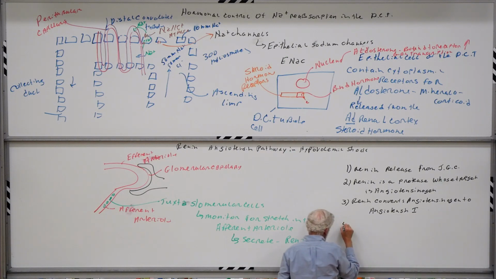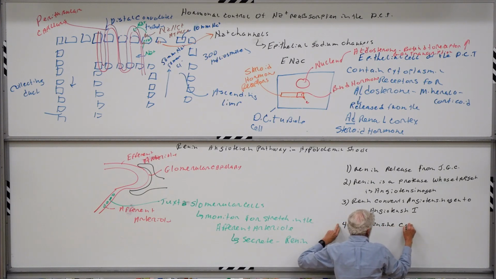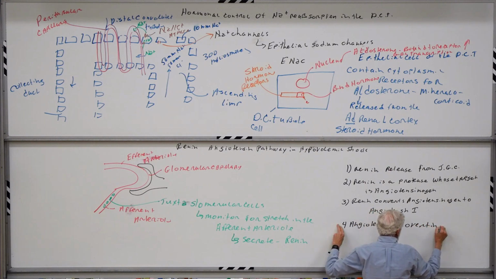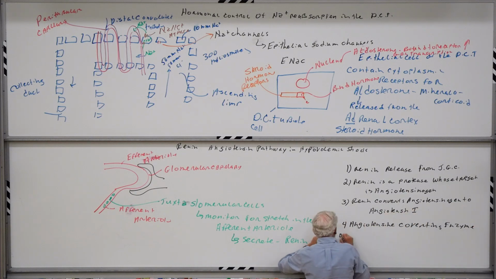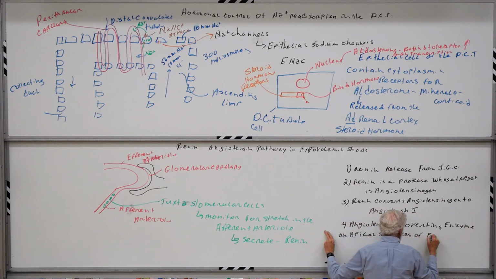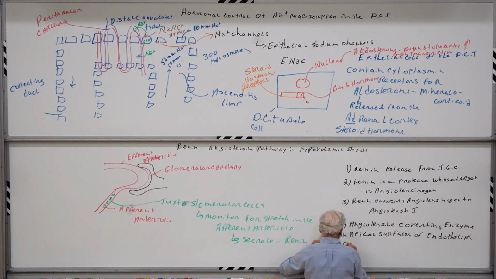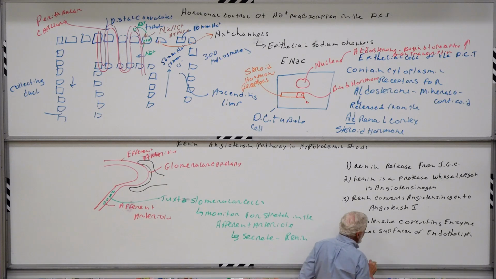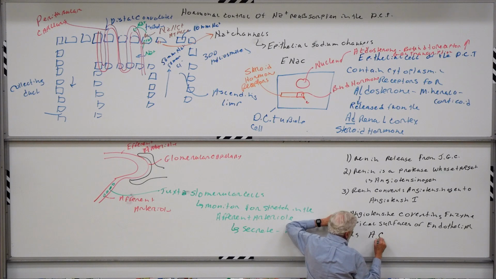Then there's an enzyme called angiotensin converting enzyme on apical surfaces of endothelial cells. We abbreviate this as ACE, angiotensin converting enzyme.